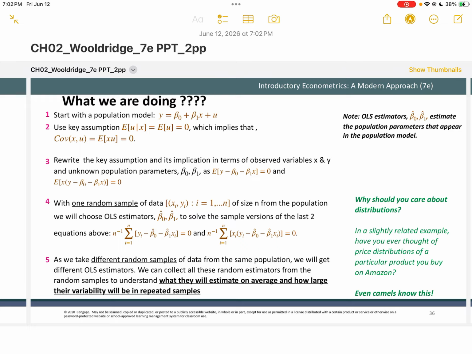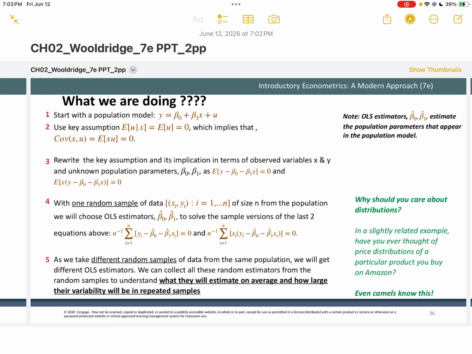Then our beta 0 and our beta 1 are the true values. But we'll still have errors to deal with, right? Because some of the variables could have been measured wrong, or we would be missing some variables. So we'll still have the error term.